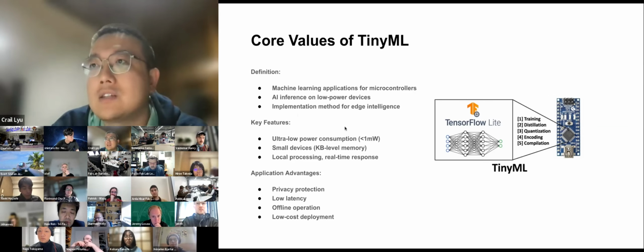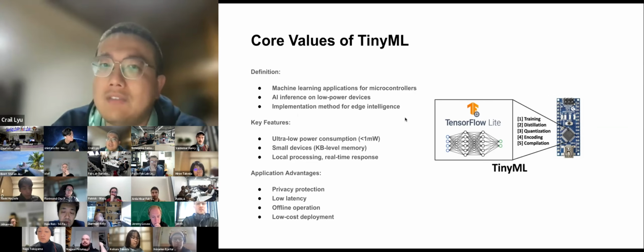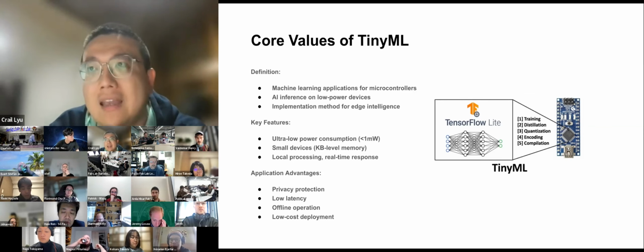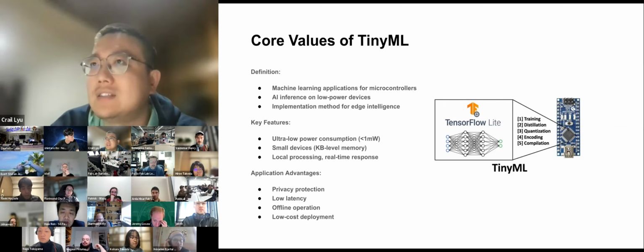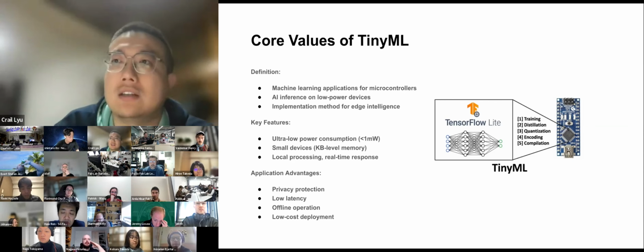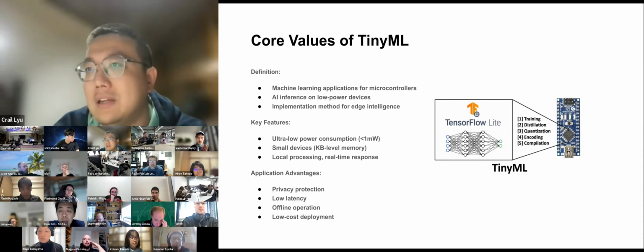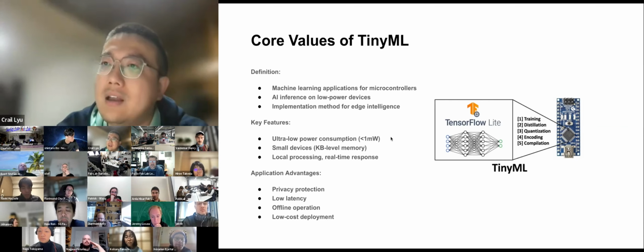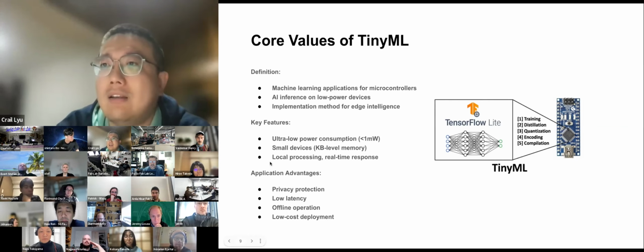And for the implementation method of edge intelligence, if you want to deploy your AI model offline on the edge side, this is also the core value of tiny machine learning. So the key features you can get from this are low power consumption, small devices, and local processing.